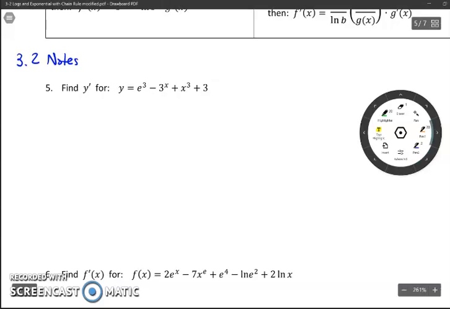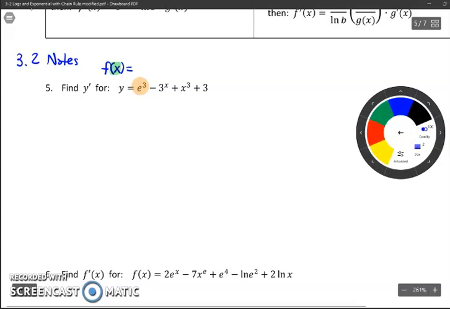There are 4 individual terms, and we need to figure out which rules to use to derive each of the terms. Okay, so I'm going to rewrite this y equals notation as f of x notation, just to emphasize input. And let's think about this first term. My input is an x.